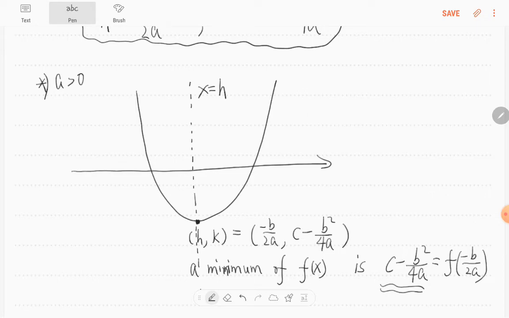So in other words, if you fold this graph about x equals h, the two sides of the graph will coincide.